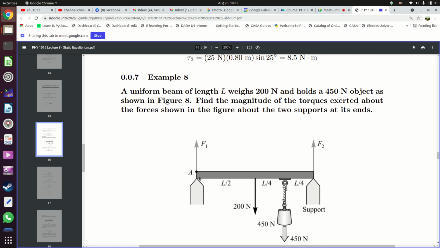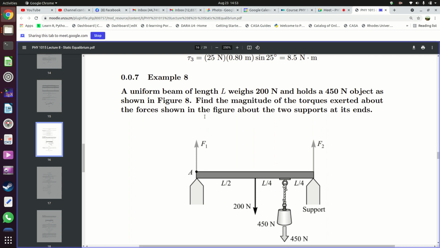So the bar, which is this bar here, has a weight of 200 newtons, and the weight of the bar acts through the center of mass or the center of gravity, which is what we are shown here. The weight of the bar is pointing down here, 200 newtons. Then it has another object which has a weight of 450, which is this one here, pointing down.